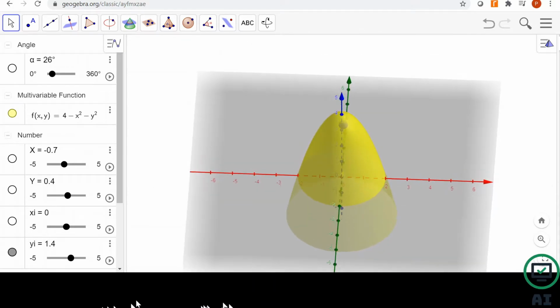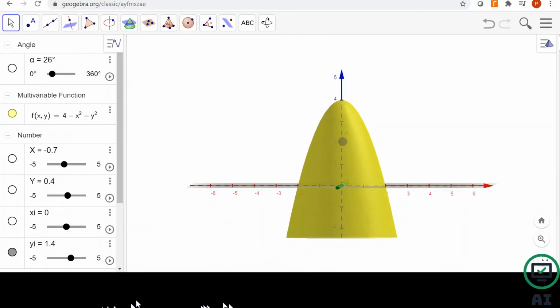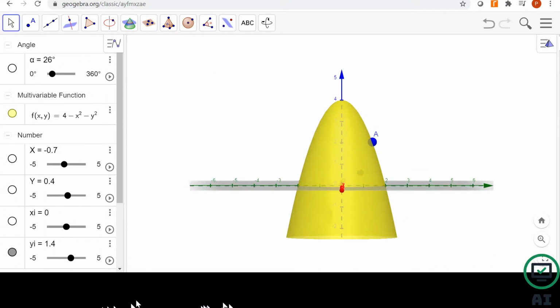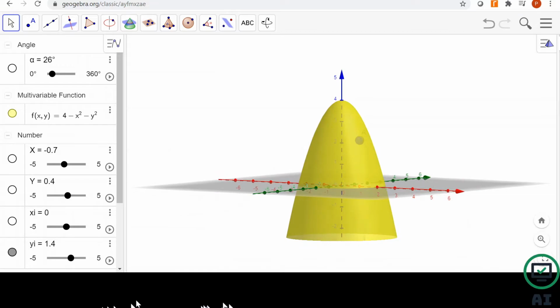If you are looking in this direction, this is the xz plane, and if you just rotate like that, then this is yz plane. So we have two directions, one is xz plane and the other is yz plane.